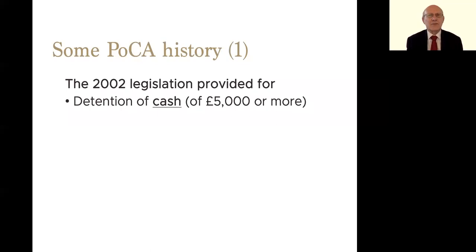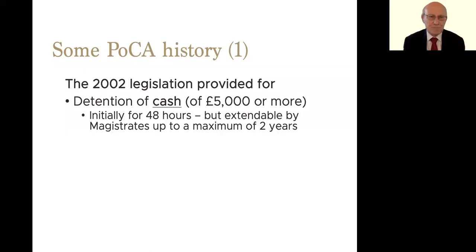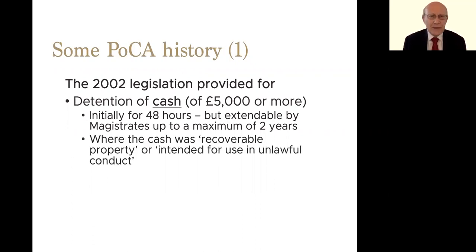It certainly includes, of course, folding money and so on, but it also included things like postal orders. Initially, the cash could be detained for 48 hours, but that was extendable by magistrates up to a maximum of 2 years. And of course, we're talking about something which physically exists here.